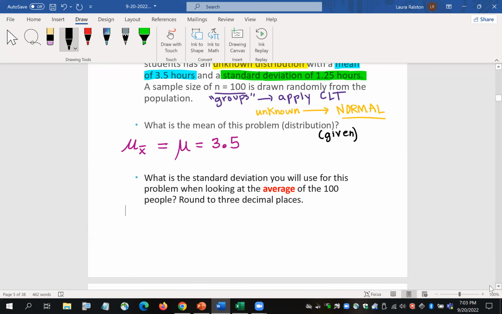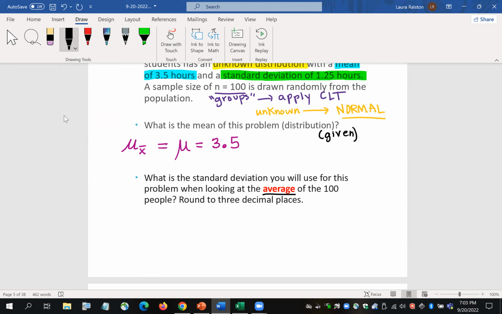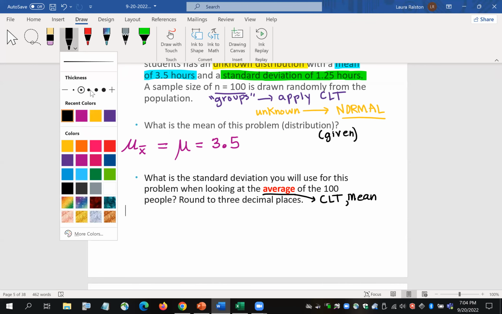I know because the way this question is worded, we've already decided that we're going to apply the central limit theorem. But in this case, this word average lets me know that I'm going to use the central limit theorem for the mean. And again, that helps me to determine the formula or formulas that I may need.